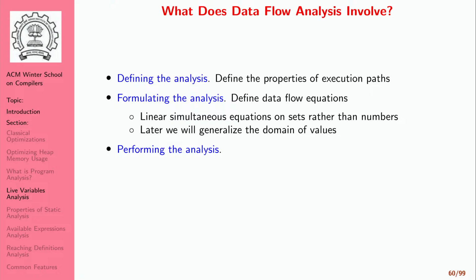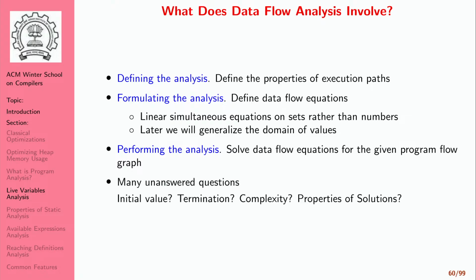So here the domain of values is sets, and it's possible for us to generalize the domain of values later. And performing the analysis means solving the data flow equations for a given program flow graph.